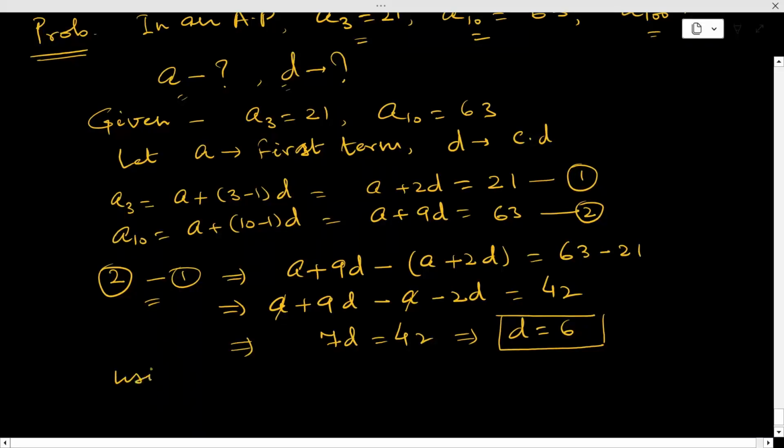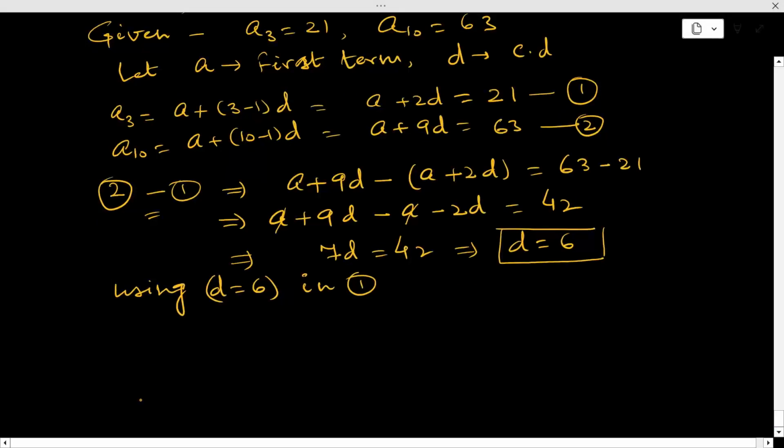Now using D equals 6 in any equation, let us put this value in equation 1. So we have A plus 2 into 6 equals 21.